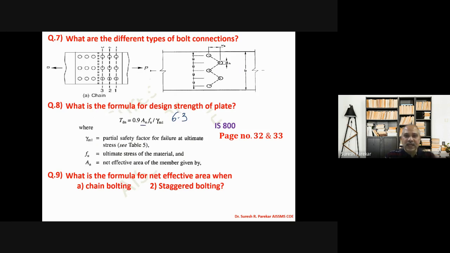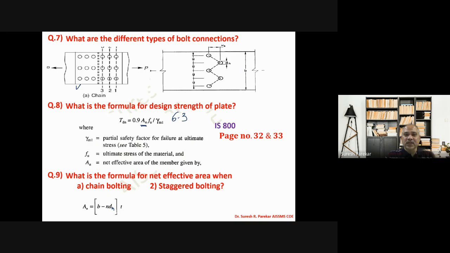This is AN, that is net effective area. In case of chain bolting, we directly have (B minus N DH) multiplied by T. So we have a simple one in this: (B minus N DH) into T. Here DH is the diameter of hole, and that value is given in section 10 to calculate the value of DH.